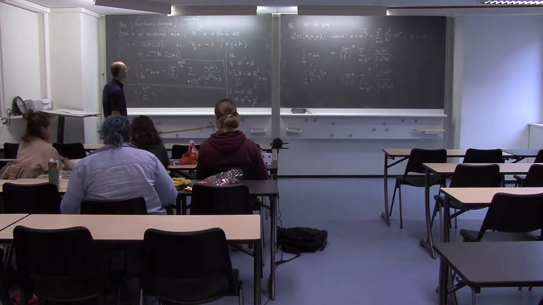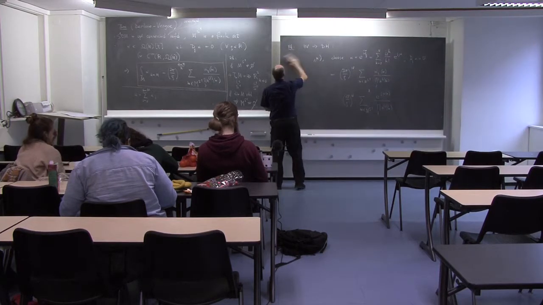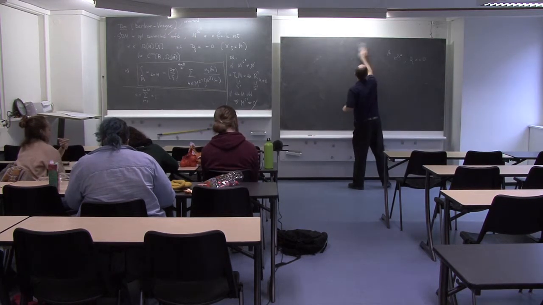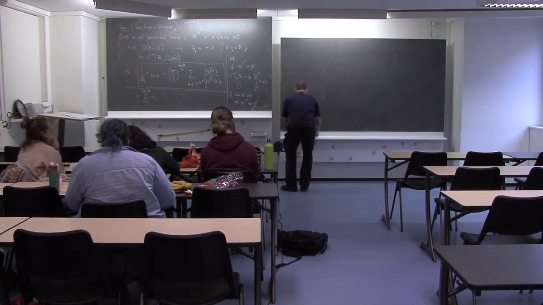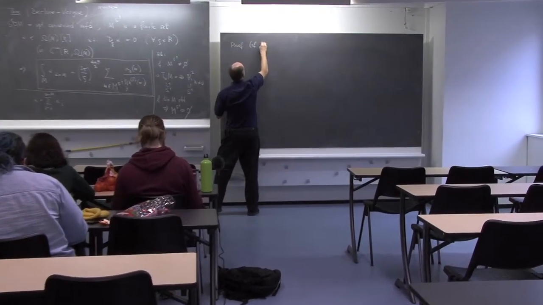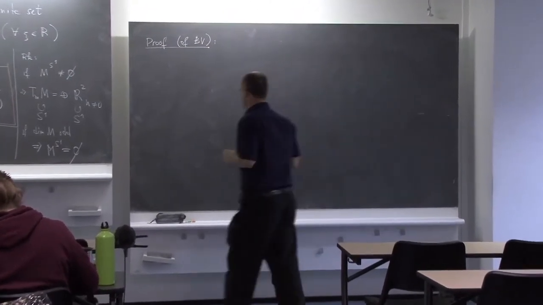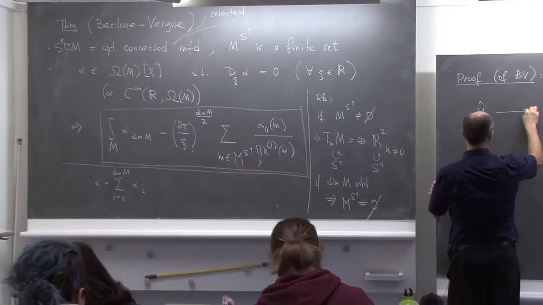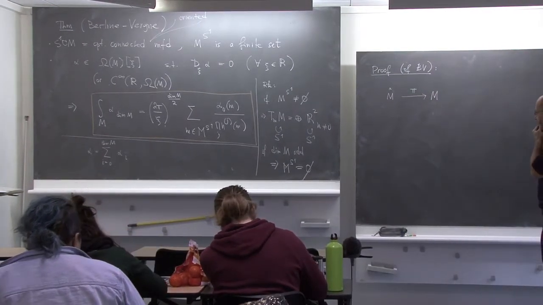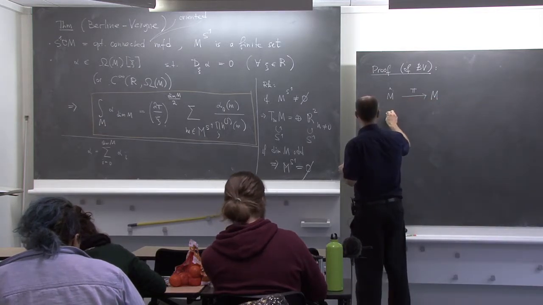Perfect. So let's do the proof of the Verlinde theorem. We take all the fixed points, and there is a blow-down map pi, the projection from M hat to M. The first step that we can do is as follows.